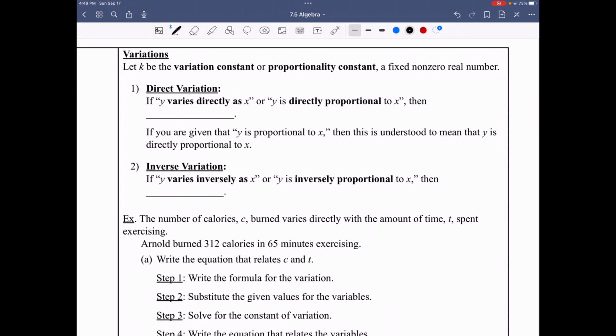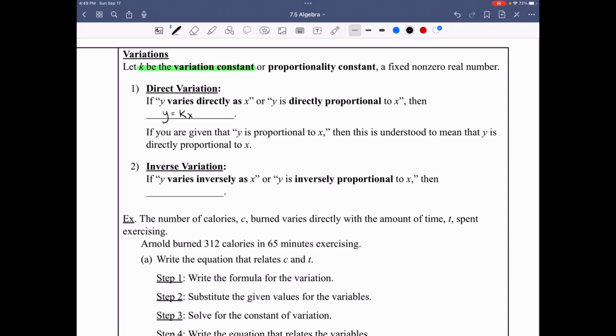Let's talk about variations. Let k be the variation constant, and that's just normal that we talk about k as the variation constant, or the proportionality constant. And it cannot be 0. Direct variation says that if y varies directly as x, or y is directly proportional to x, then y equals kx.